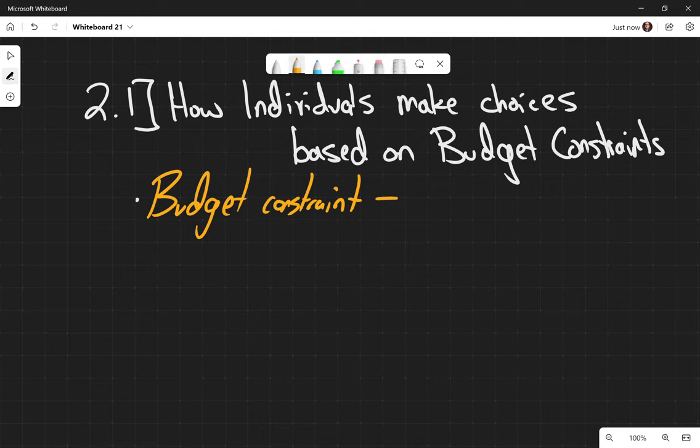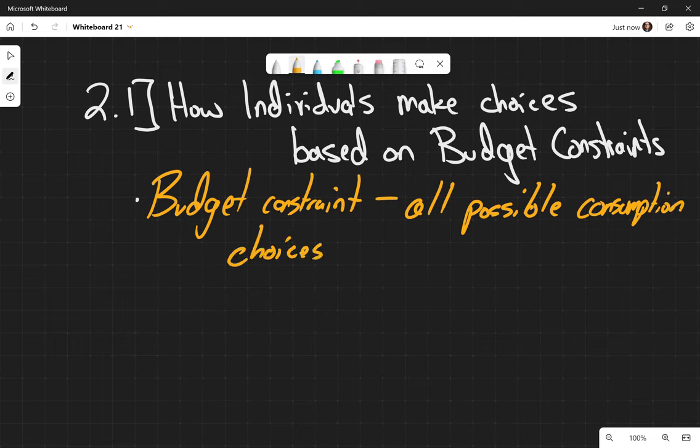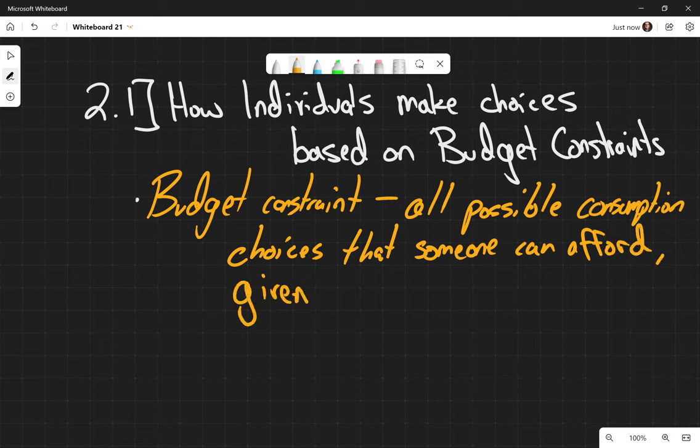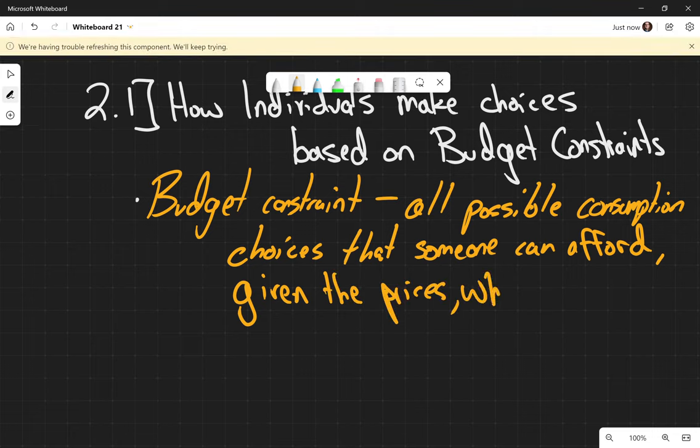A budget constraint is this abstract thing that is all the possible consumption choices that someone can afford given the prices of those goods when all of their income is spent.